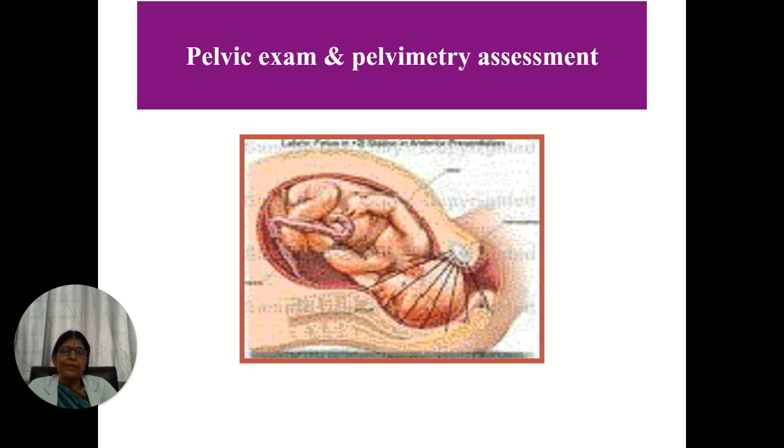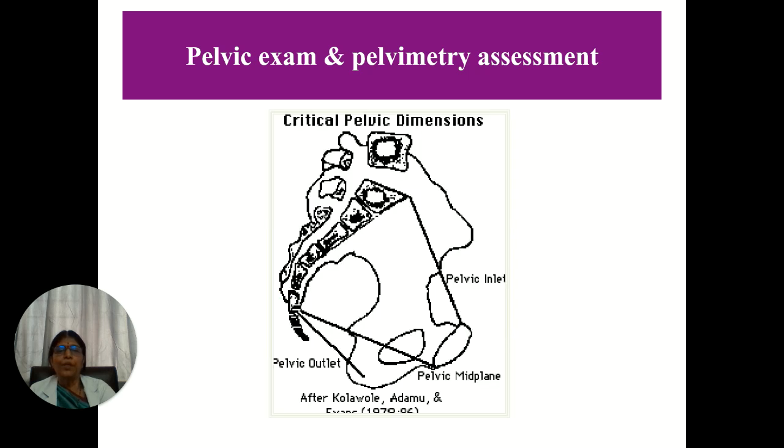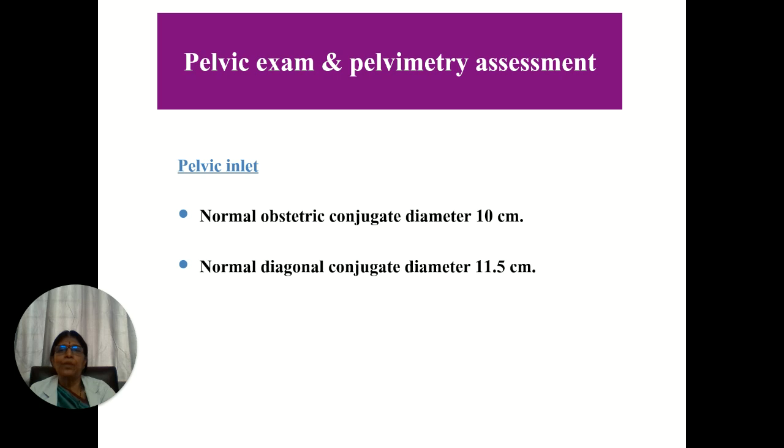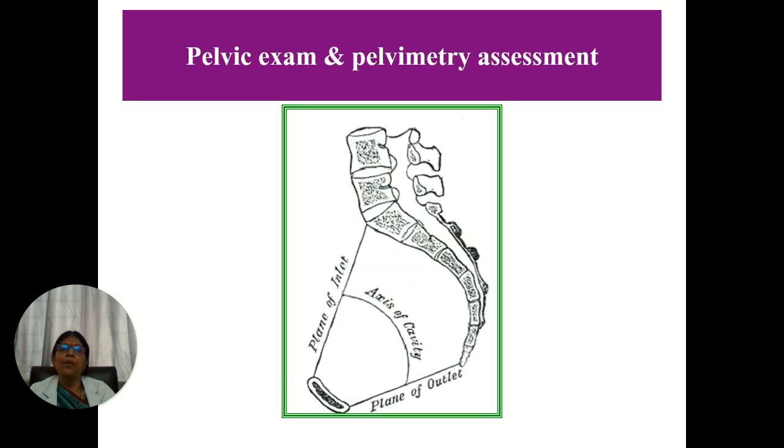From that, if you subtract 1.5 centimeters, you get the obstetric conjugate. The next thing you want to assess is the curvature of the sacrum. Normally at the inlet, the obstetric conjugate is 10 centimeters and the diagonal conjugate is around 11.5, so you take out 1.5 centimeters from 11.5.